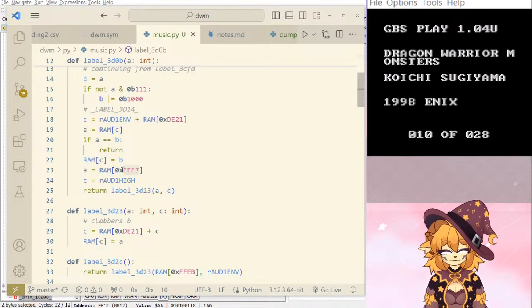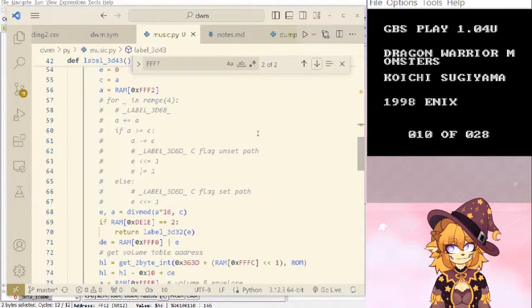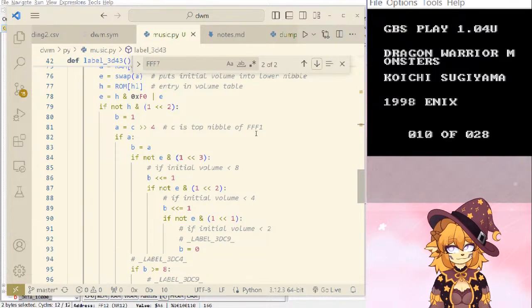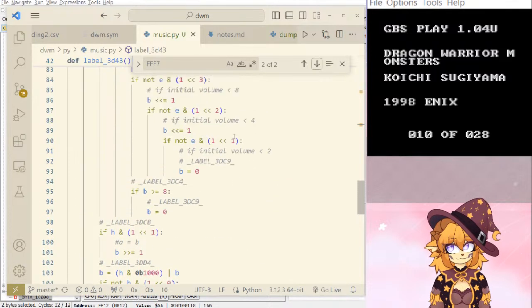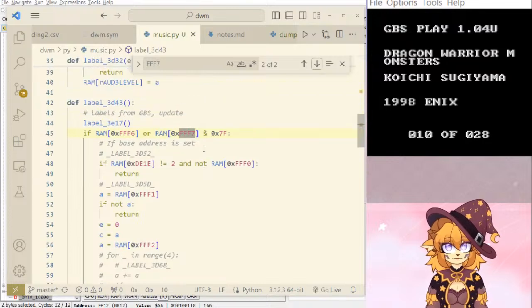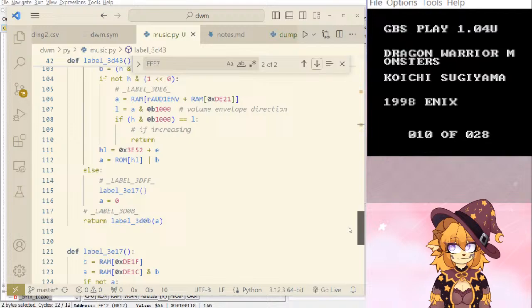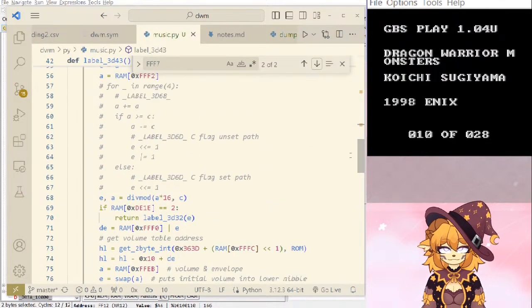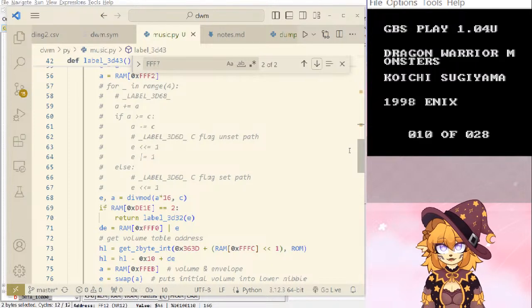And the period is set via this, which doesn't even appear to be assigned in this function. Is this not the period function?